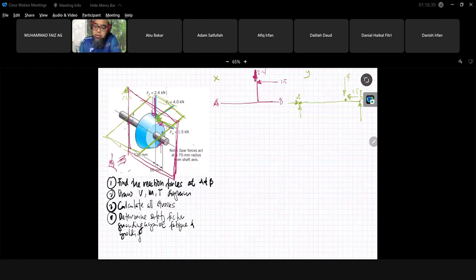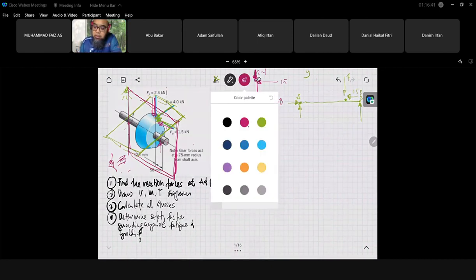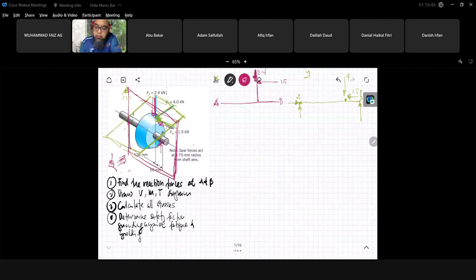And for the red one, because the force is towards downwards, the reaction force is upward. And 1.5 is here, so this should be here.